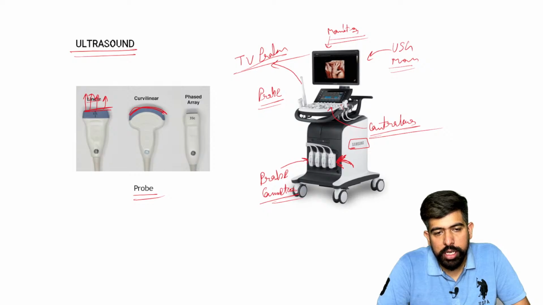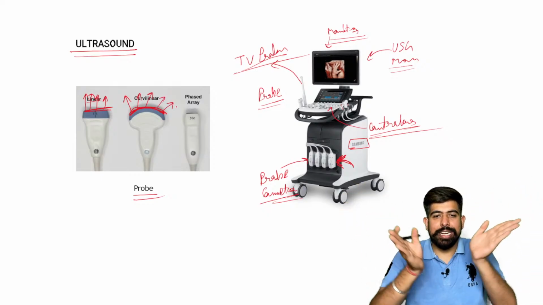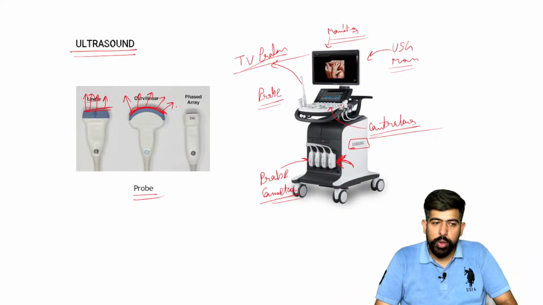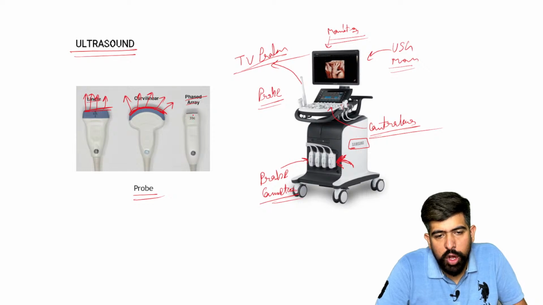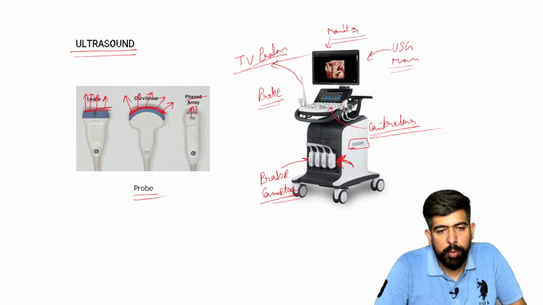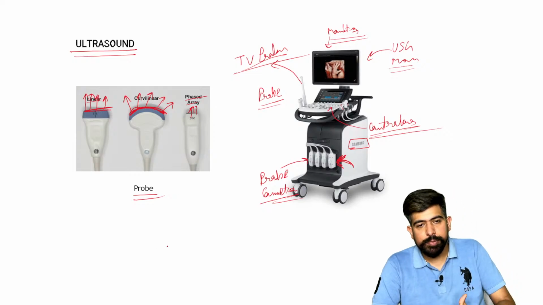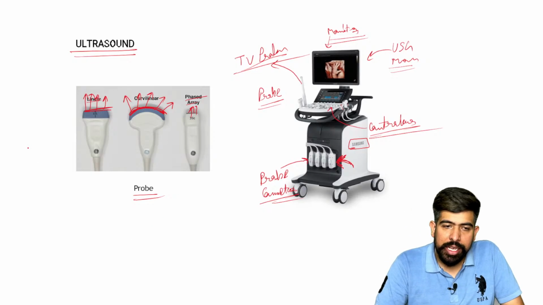This is the curved one, and it will give the sound in the curvature form. And you can see there is a phased array, which is the small one, and it also gives in a straight formation, in phases.